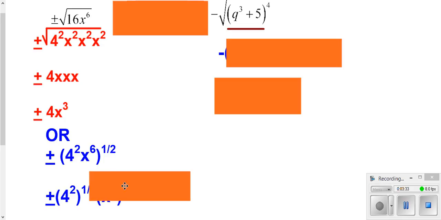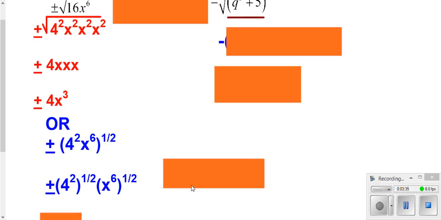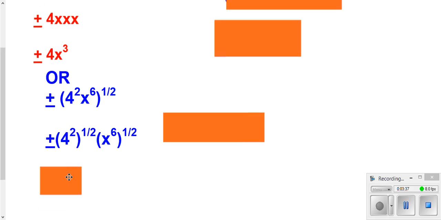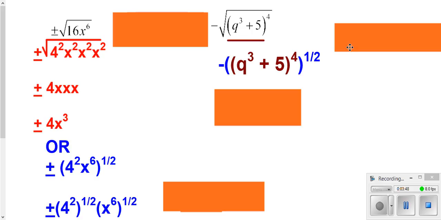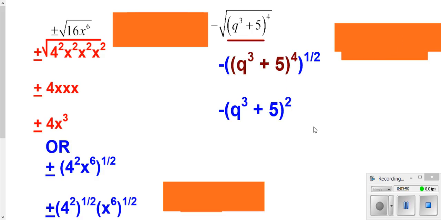So you could just go ahead and multiply your exponents. Apply that exponent to each one, multiply your exponents, and you still get the same answer as you did before. It can be done both ways. Doesn't make a difference. This one here, you could use the fractional exponent thing again. So you'd have your 1/2 applying to your 4th power, which gives you it to the 2nd power.